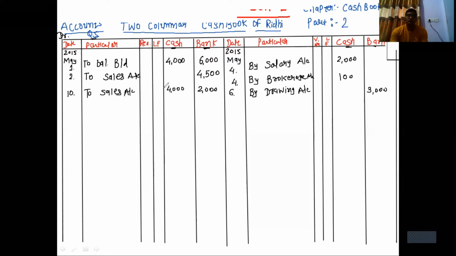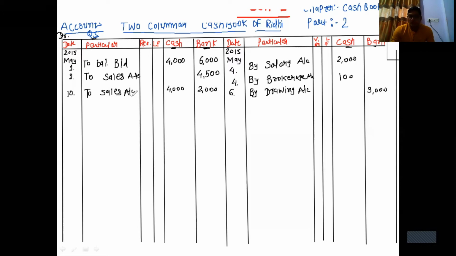Because we sold the goods for 6000, 4000 by way of cash and the remaining 2000 by way of check, we are eligible to receive this amount. So 4000 in the cash column and 2000 in the bank column. We have to write to sales account.